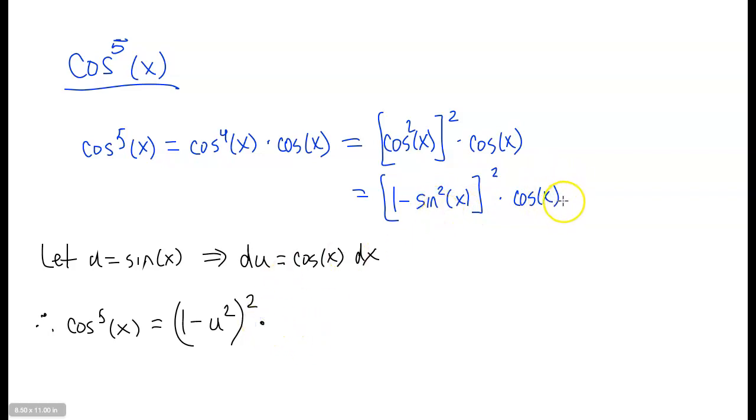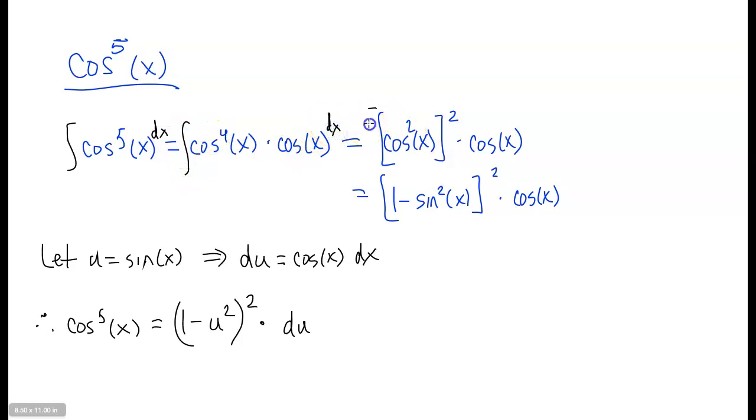And then here we would have this cosine x dx, and we would just write this as du here. And I know that we don't have a dx here, but whenever we integrate this, we would have the dx out here like this.